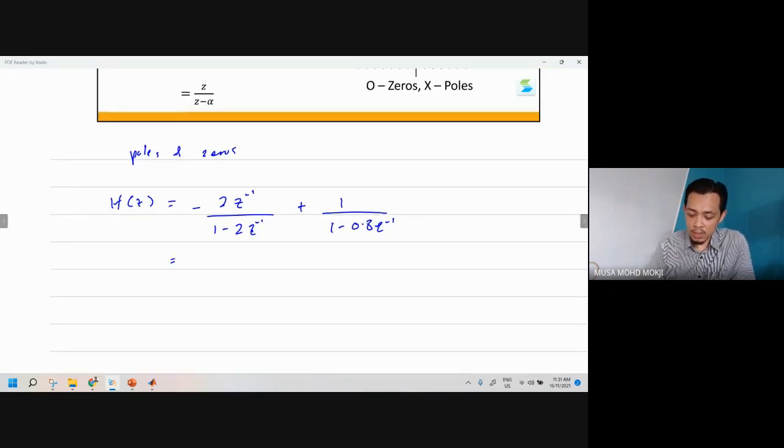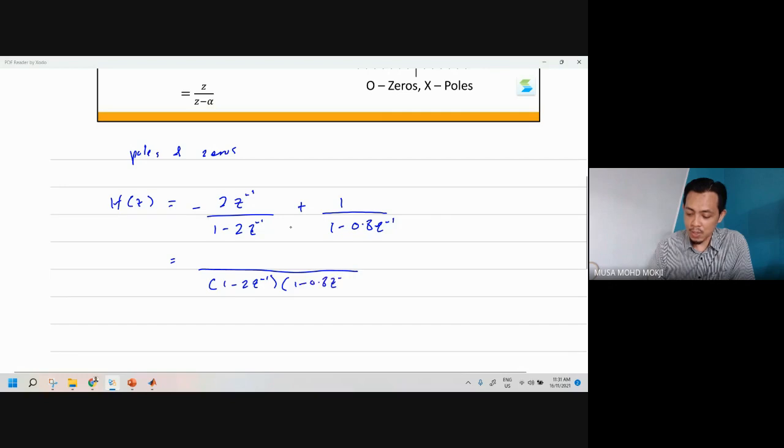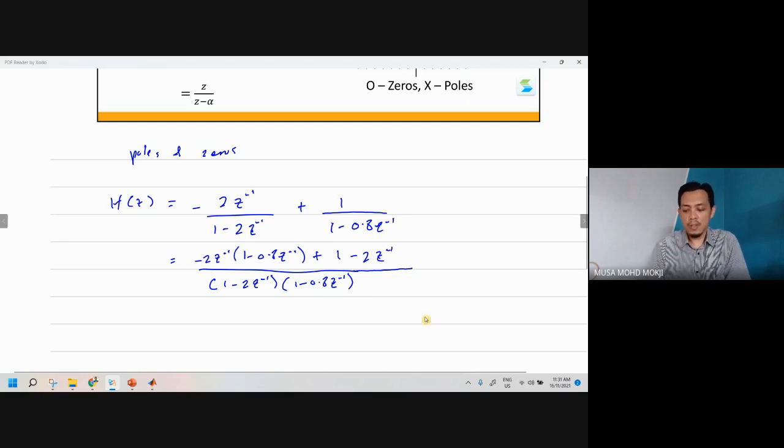The denominator is just (1 - 2z^-1) and then (1 - 0.8z^-1). And the numerator you need to multiply: this is -2z^-1 times (1 - 0.8z^-1), and then plus (1 - 2z^-1). We don't have to do anything for the denominator because we already know these are the roots.